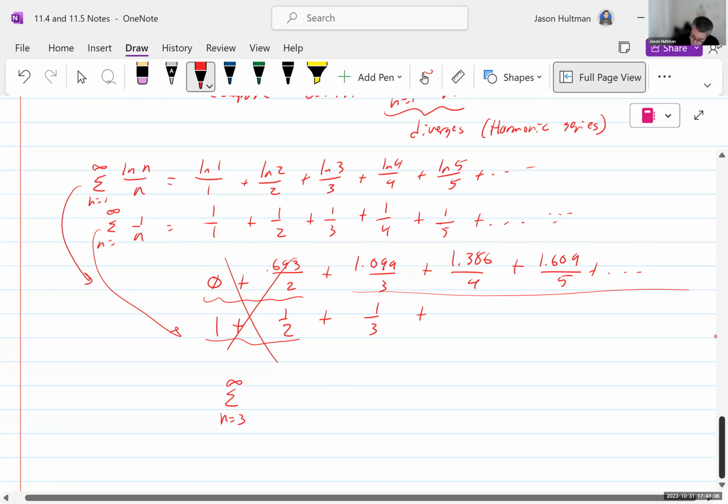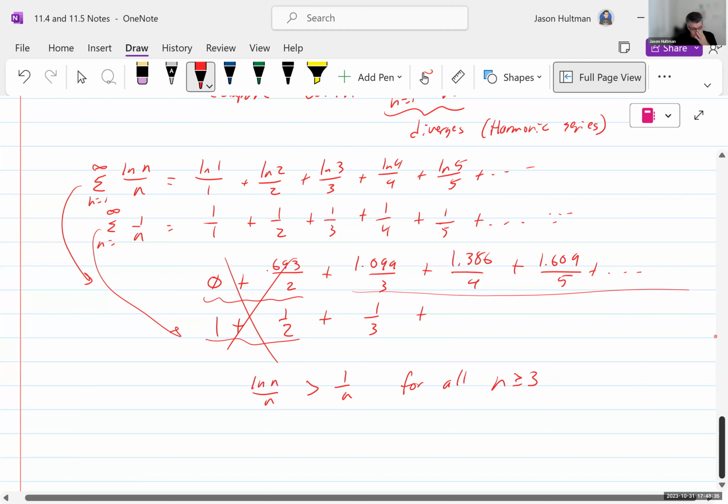From n equals 3 on, the natural log of n over n is greater than 1 over n for all n greater than or equal to 3.